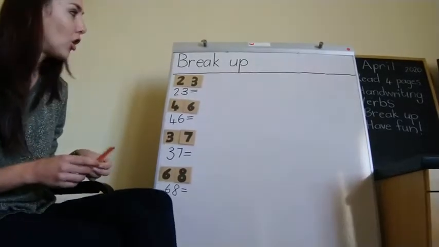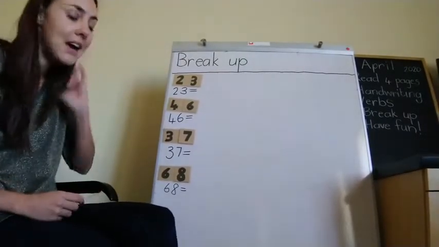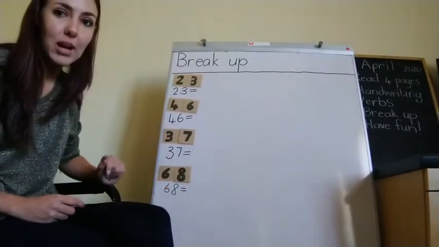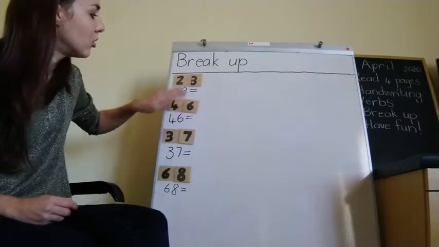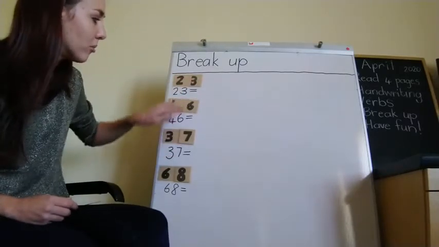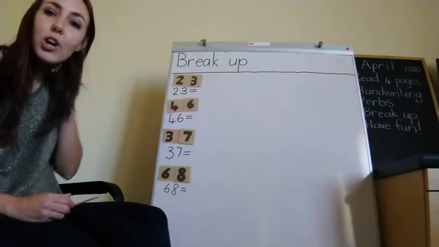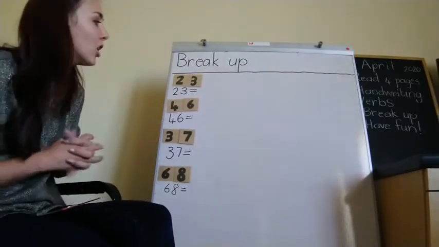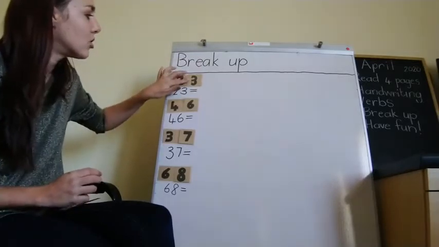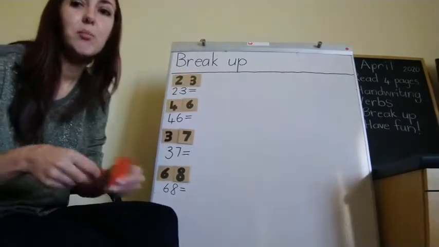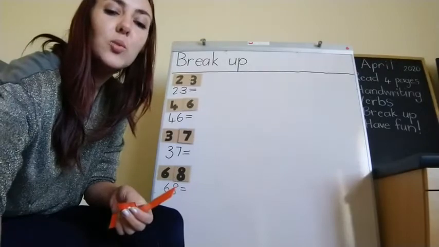Okay, so on my board I have 4 numbers, and you'll see that I've got spread cards on the board. So I'm just going to show you how we are going to break up the numbers. So the first number is 23. So I'm first going to build my number 23.